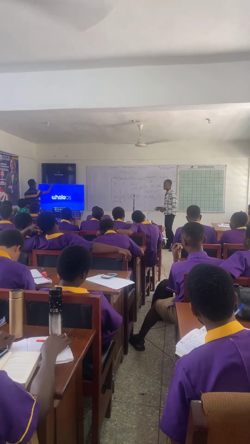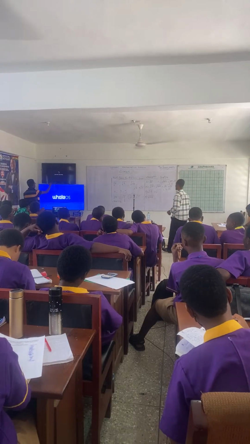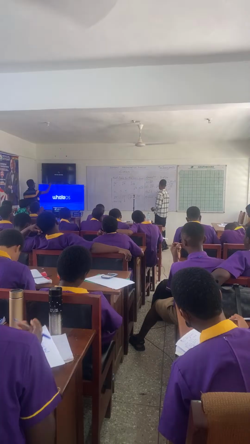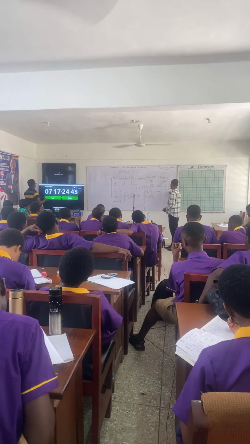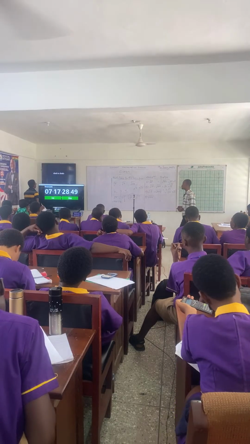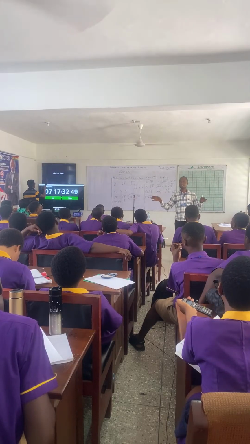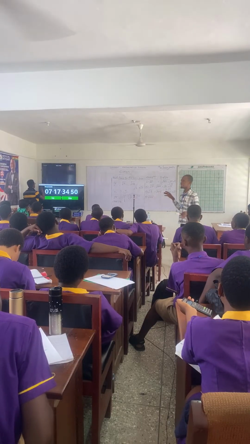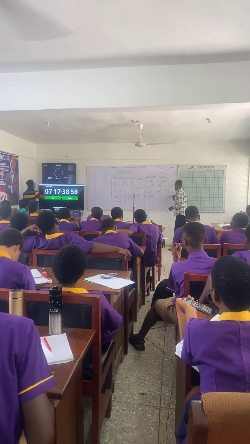Which two numbers are you going to use? 4 times 2. So when we write these two numbers in separate roots, we are going to get the answer to what? 4 root 2.